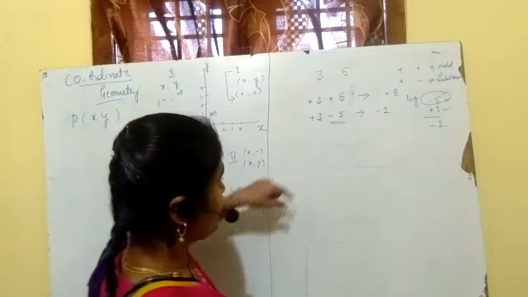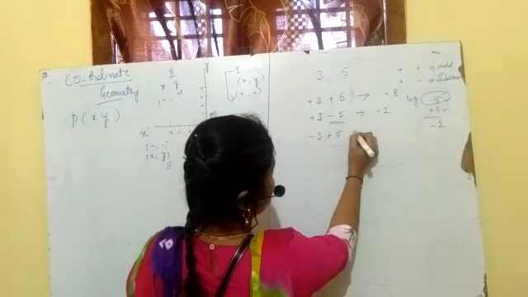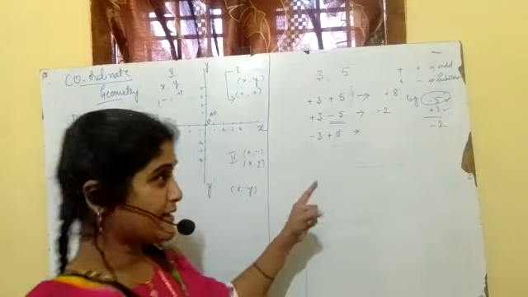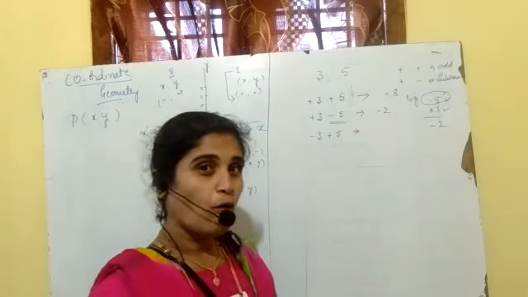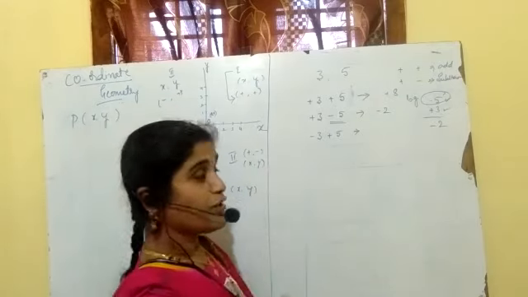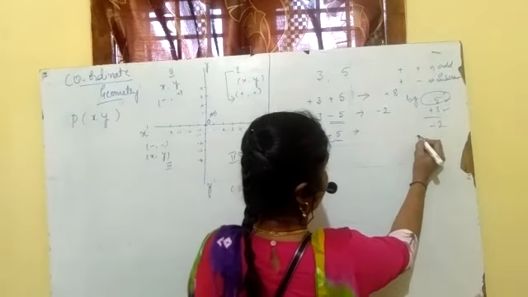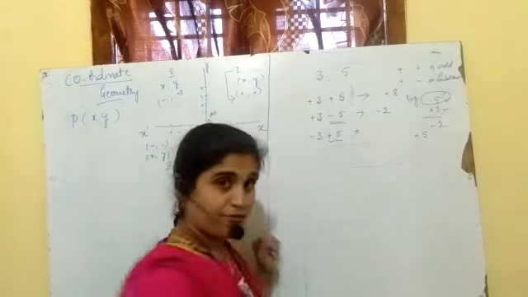Got it? So I will change the sign here. This is minus 3, this is plus 5. What happens? Minus 3 and plus 5. I have to write one number first. Which do I write first? Because 5 is the greater value, you have to write plus 5.